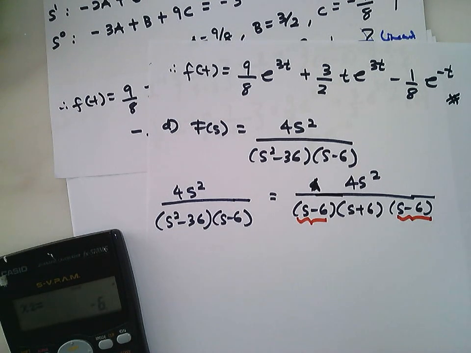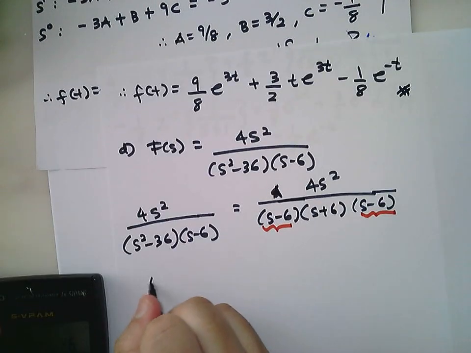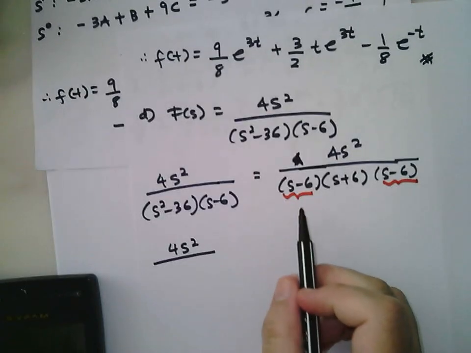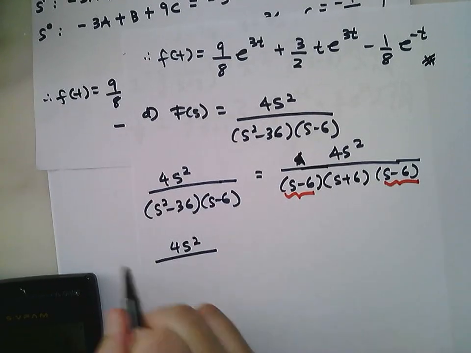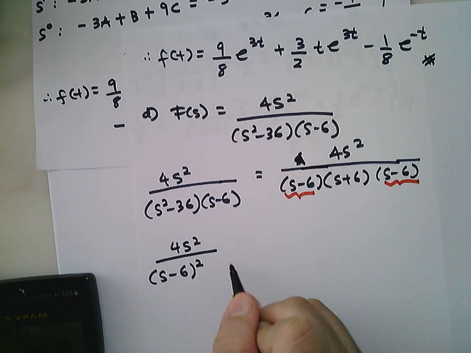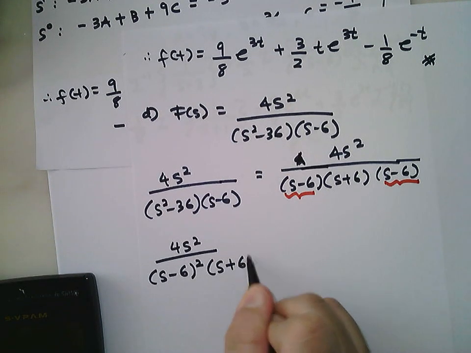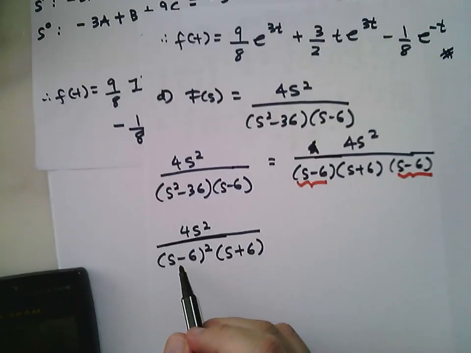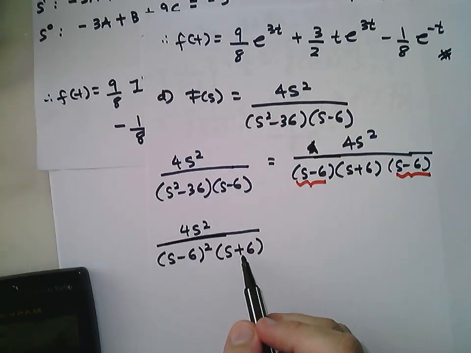If you simplify, actually what you have is 4s squared over (s minus 6) squared times (s plus 6). So you are dealing with a repeated linear factor and also a linear factor.